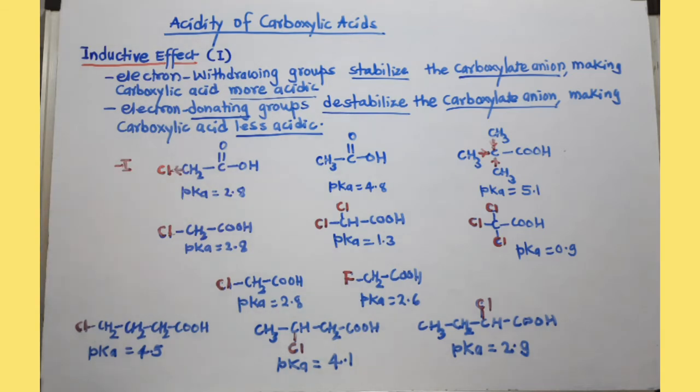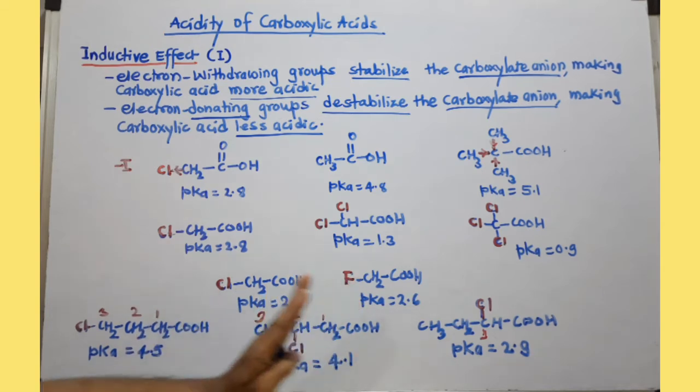Now one more example of the series of examples you can check here. You can check the positions 1, 2 and 3. The position of the electron withdrawing group is going away from the carboxylic group. Now it is at position number 2, which is slightly close, and in this case it is at position number 1. So when the electron withdrawing group moves away from the carboxylic group, the pK value is 4.5.